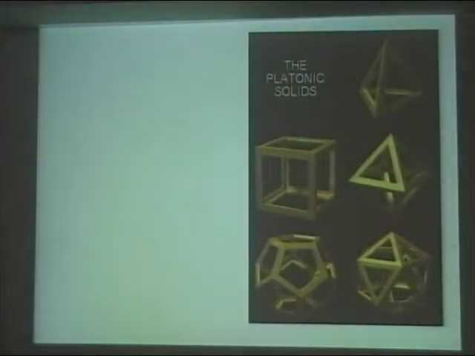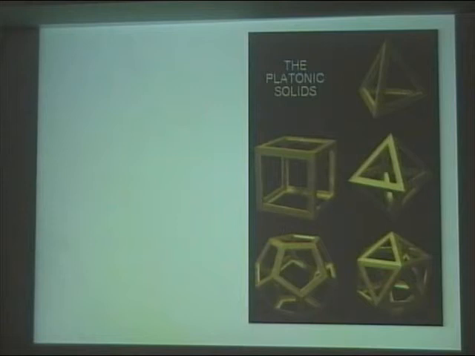And the Platonic solids are interesting things, because the Platonic solids were mentioned by Plato, described by Euclid. They are the five basic three-dimensional figures. They are regular three-dimensional figures in that all of their sides are the same. So one of them, for example, is the cube, which consists of 6 squares.